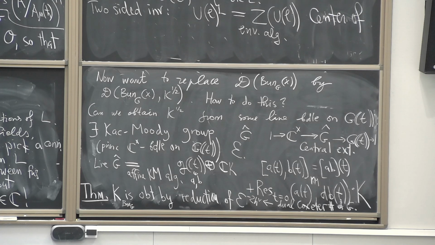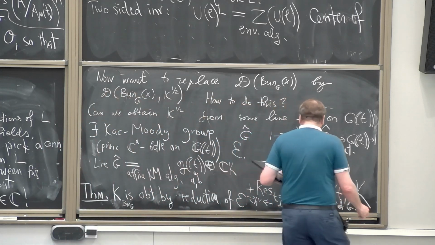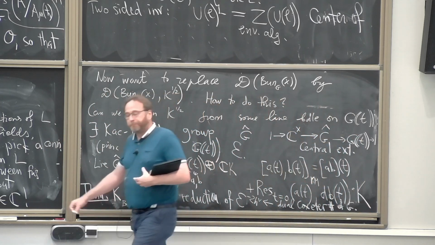So now this means that if we want to obtain differential operators on K to the 1/2, we should consider not the usual enveloping algebra of G of T, but rather we should take the enveloping algebra of this affine Kac-Moody algebra, and we should mod out by the relation that this central element K equals minus the dual Coxeter number.